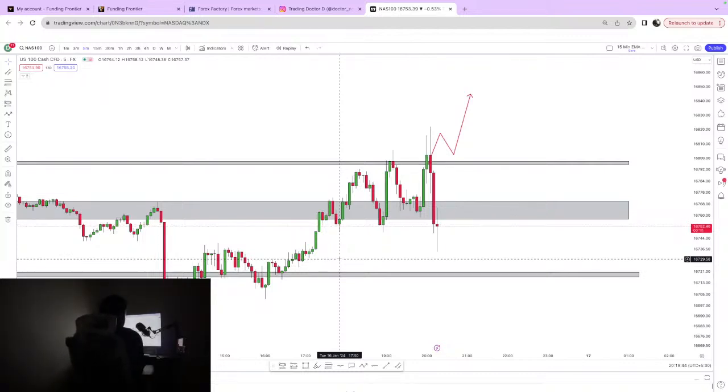So till now, nothing very clear. Just waiting for any perfect entry, which we haven't got till now.